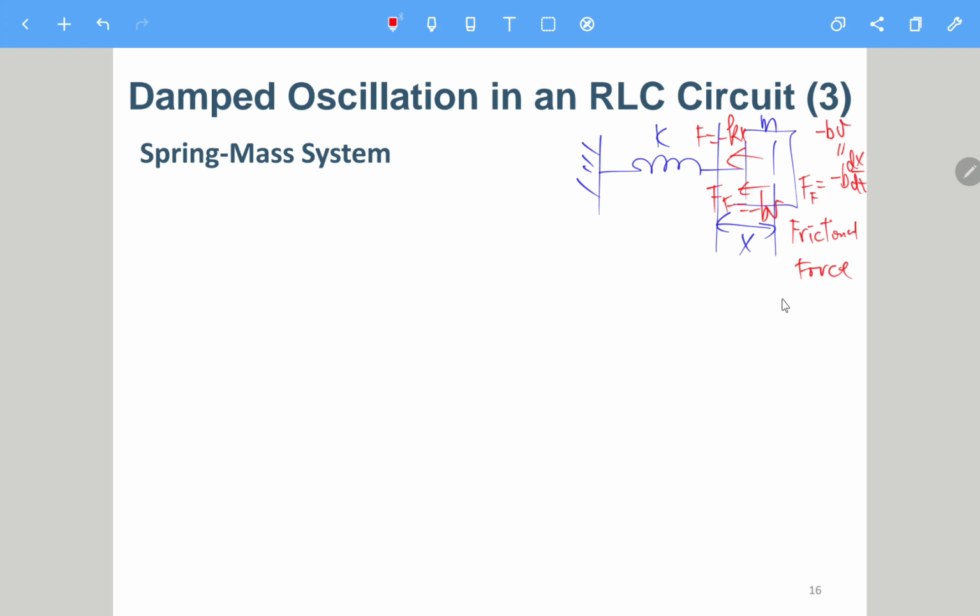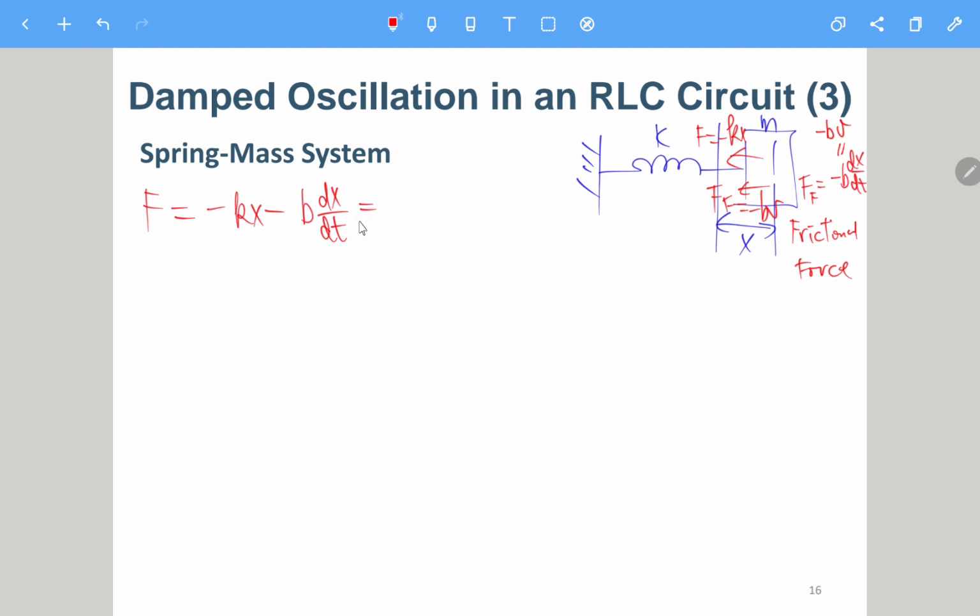So here we can try to write out the free body diagram, and then write out the ODE. The total force should be negative kx negative BV, where V is dx/dt.